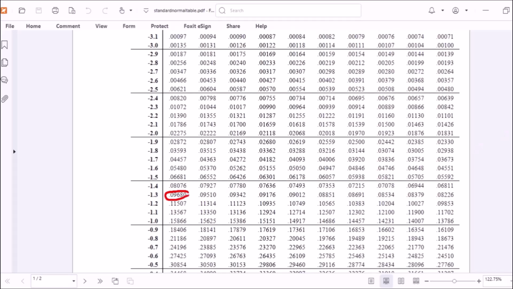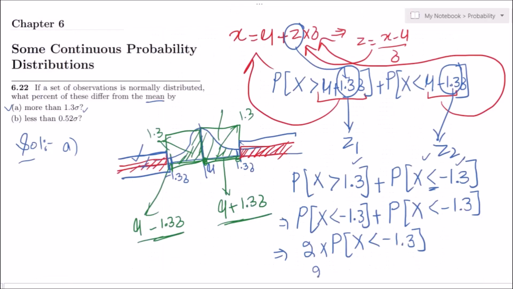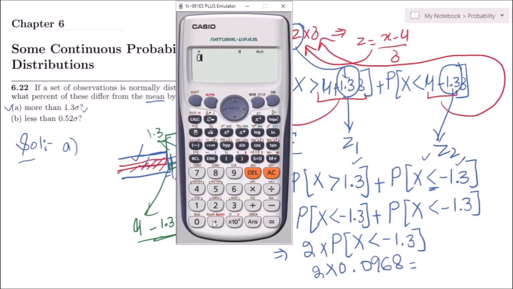Okay, so this value, at minus 1.3, is 0.0968. And multiplying it by 2, 0.0968 multiplied by 2, what would it be?